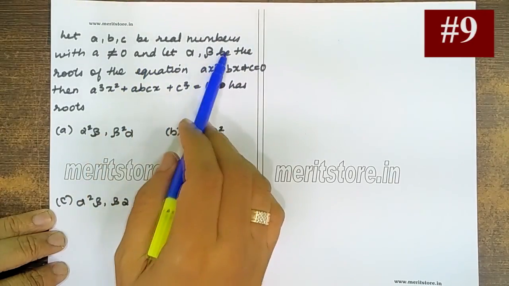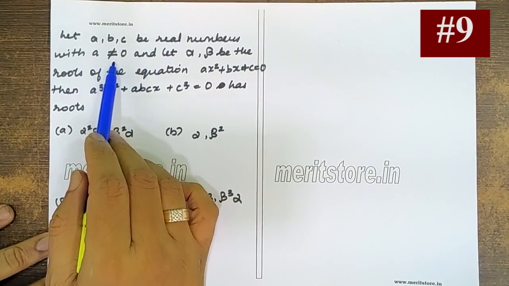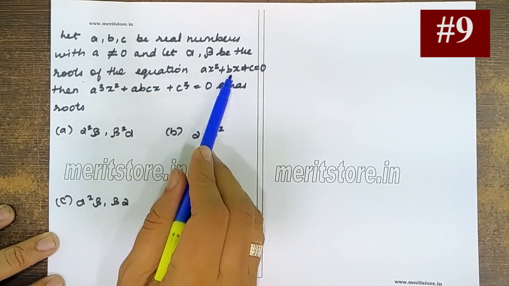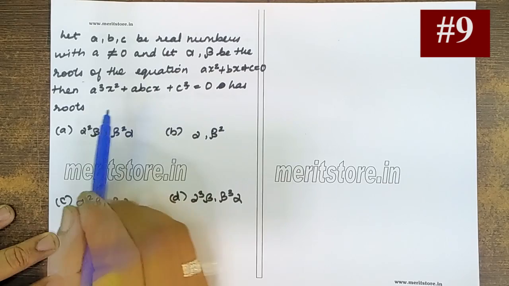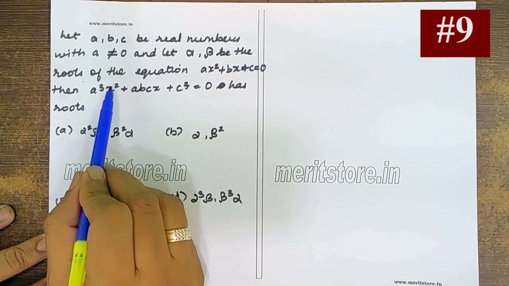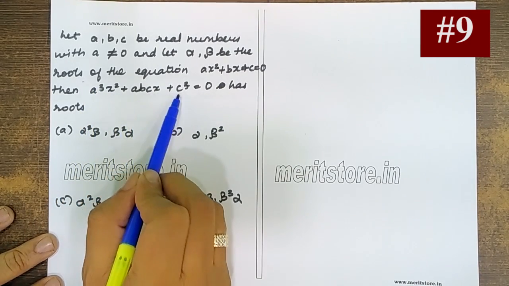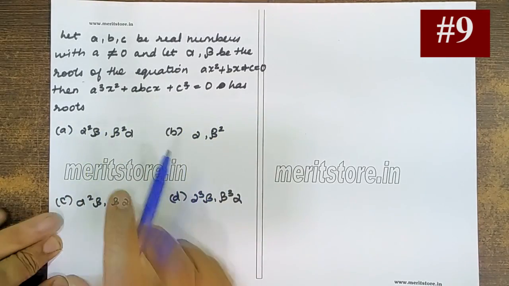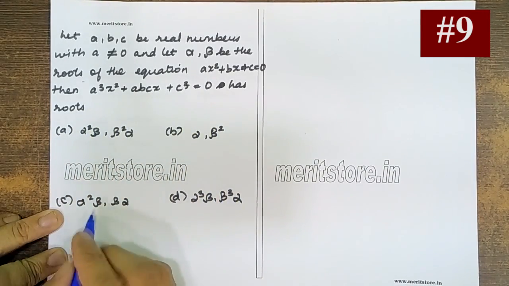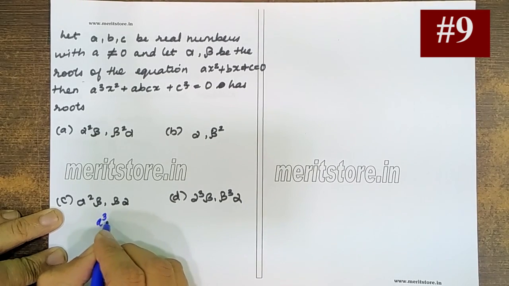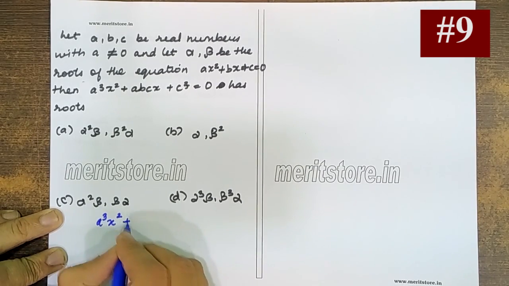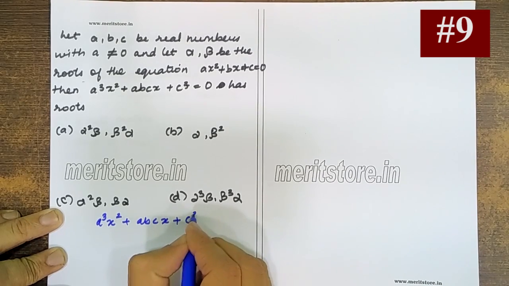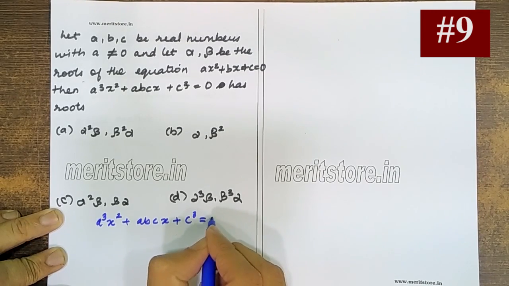If a, b, c are real numbers with a not equal to 0 and alpha and beta are the roots of the equation ax square plus bx plus c equal to 0, then a cube x square plus abcx plus c cube equal to 0 has roots. So now we'll start with the given equation, that is a cube x square plus abcx plus c cube is equal to 0.